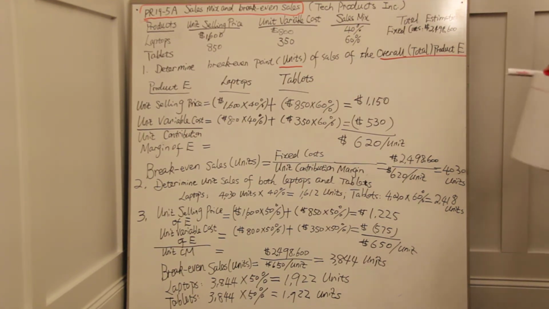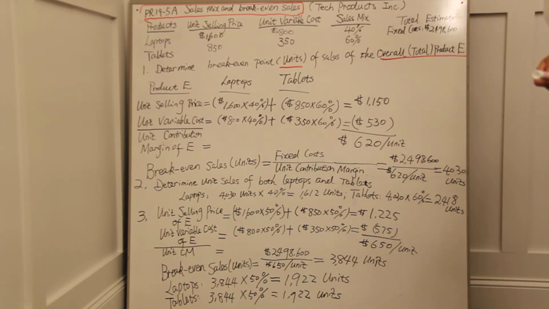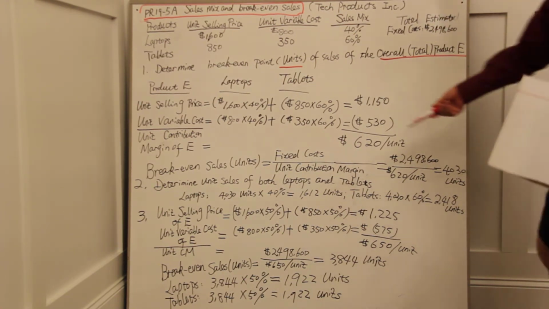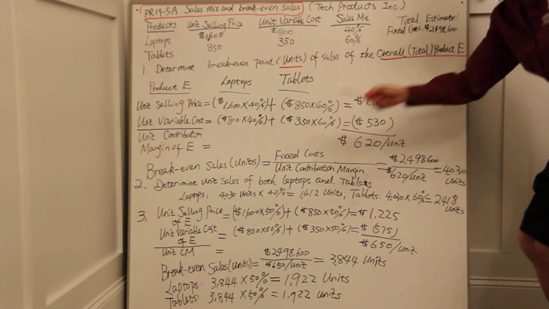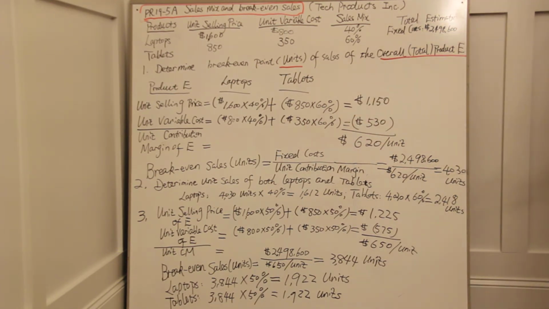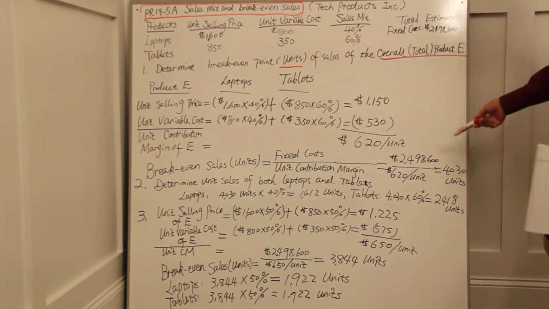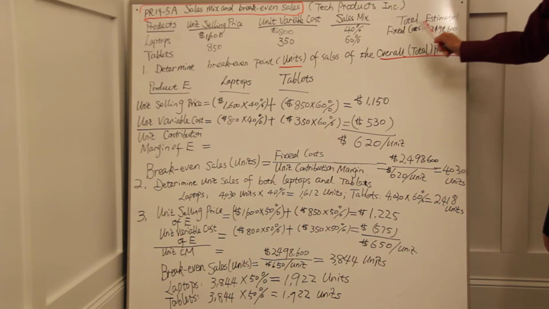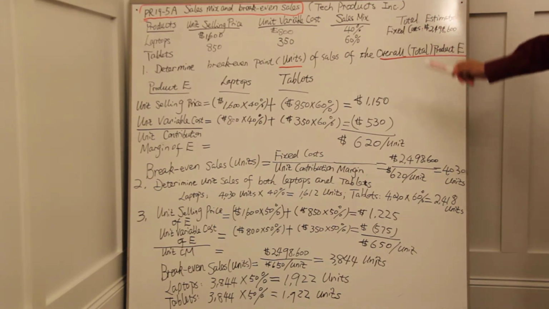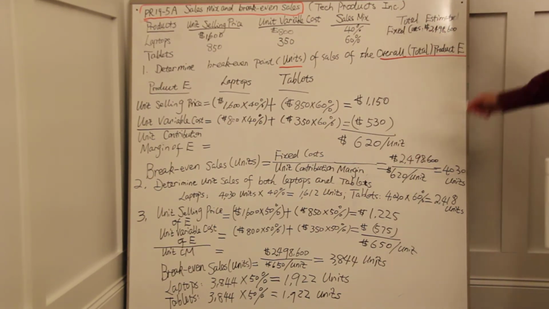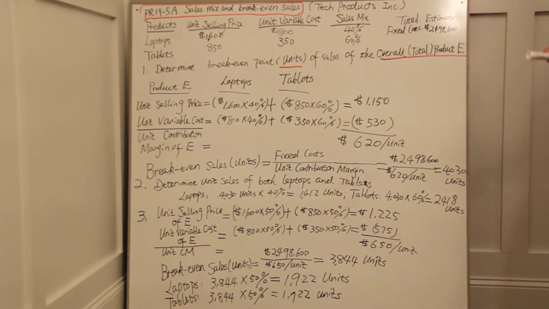So now we learned the break-even sales in units formula equals fixed cost over unit contribution margin. So we can plug in the fixed cost, which is 2,498,600.